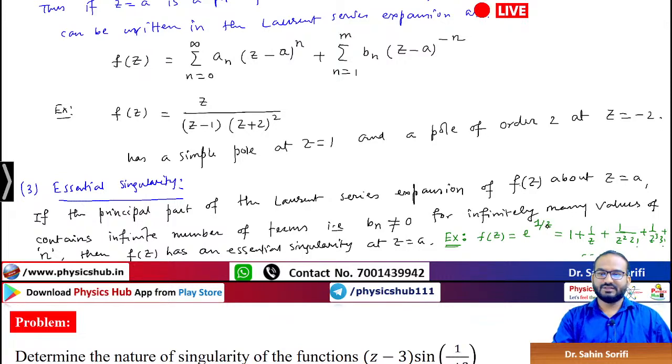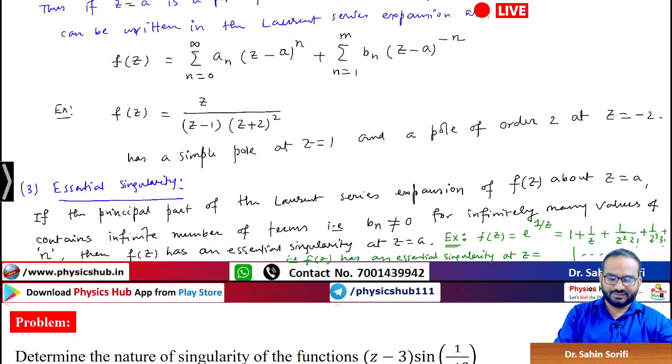So what can you conclude from here for this example? We can say f of z has an essential singularity at z equals to where? For this function f of z equals e to the power 1 by z, can you tell me where this function has an essential singularity?